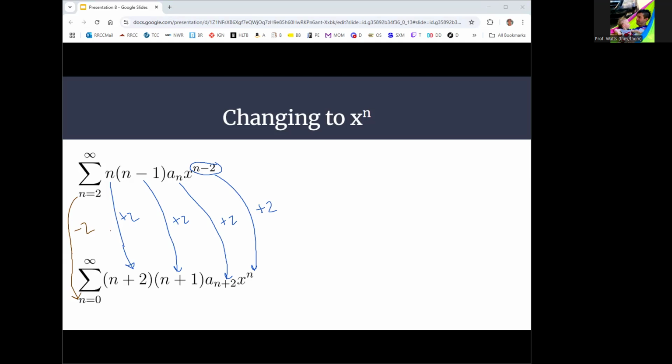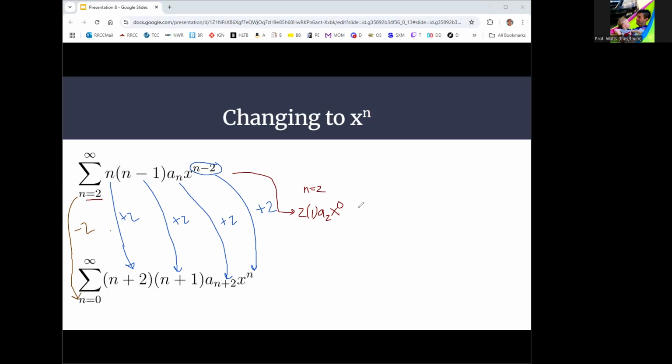Now, let's do the expanded form and then try to make sense of this. For the expanded form here, I start when n equals 2, and so I have 2 times 2 minus 1 times a2 times x to the 2 minus 2, or x to the 0. So that's the n equals 2 term.